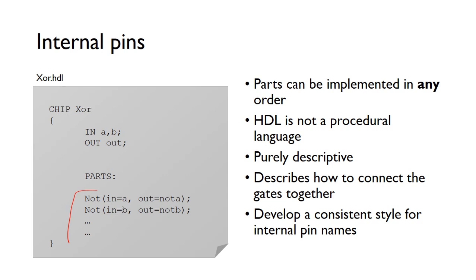It's a purely descriptive method of describing how to connect the gates together. So it doesn't matter which order you describe the connections, as long as you describe all the connections that exist. But it is recommended to develop a consistent style for these internal pin names, for this example here.